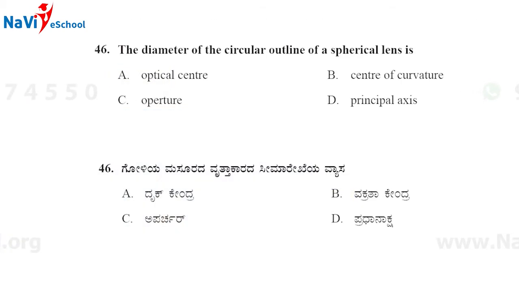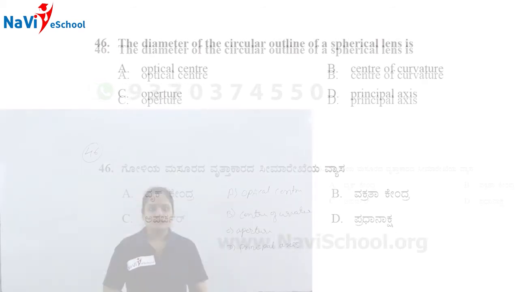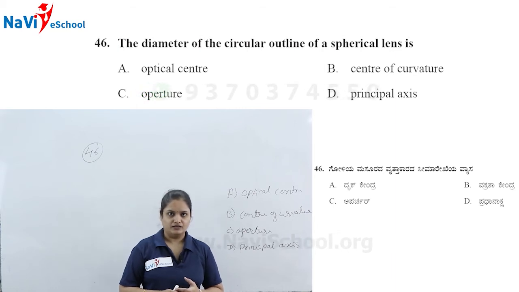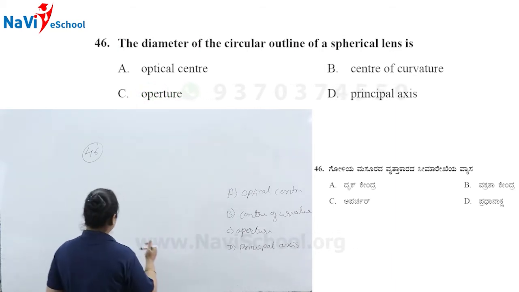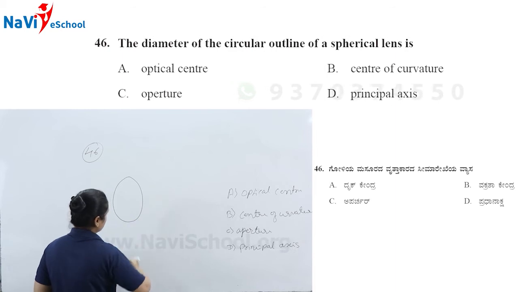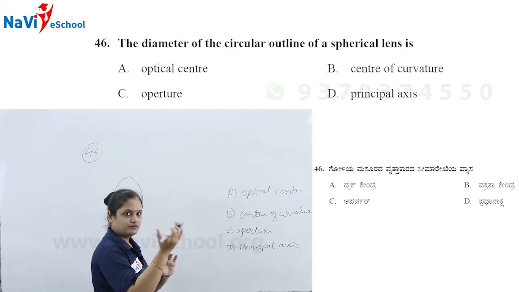Next, question number 46. The diameter of the circular outline of a spherical lens is: option A optical center, option B center of curvature, option C aperture, option D principal axis. Here the diameter of the spherical lens, or of a mirror, you can take this one as a spherical lens. It looks like this, means it is round.